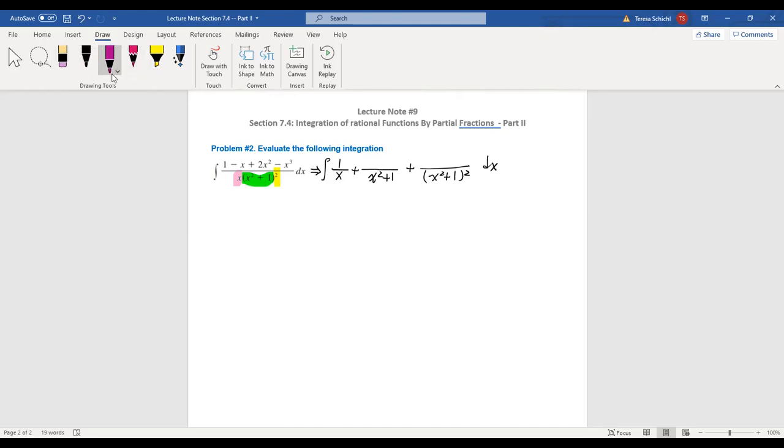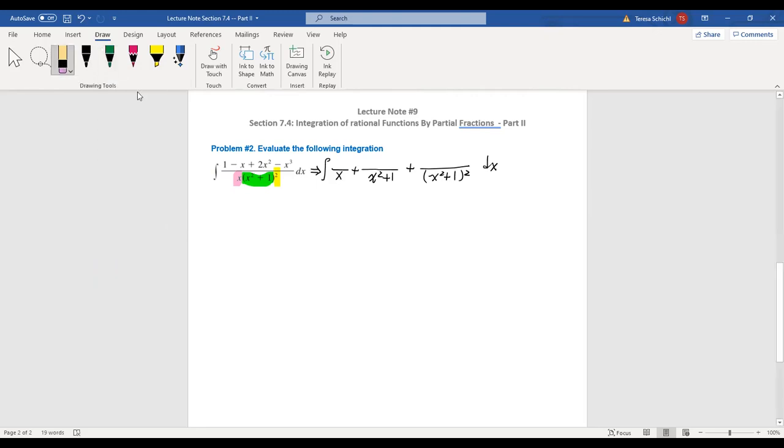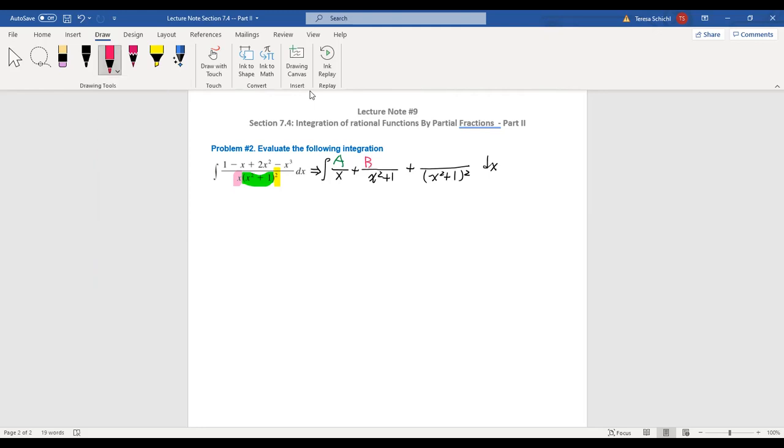And now I need to put my constants here. So this one is x, so my constant will be a. And this one is x squared, so I need to drop 1 degree. So this constant will be bx plus c.